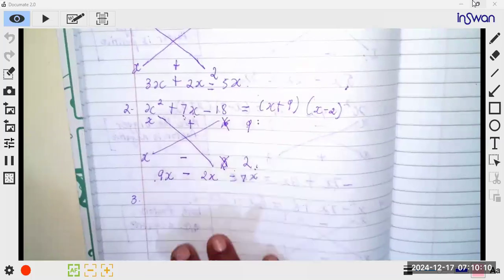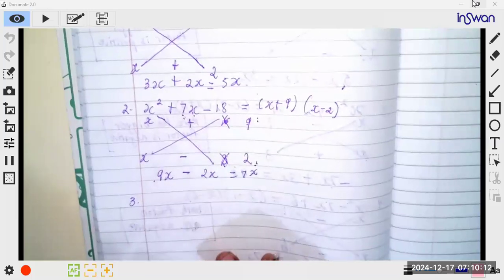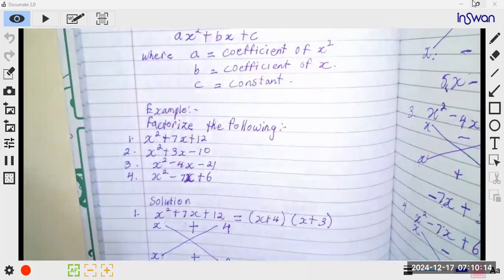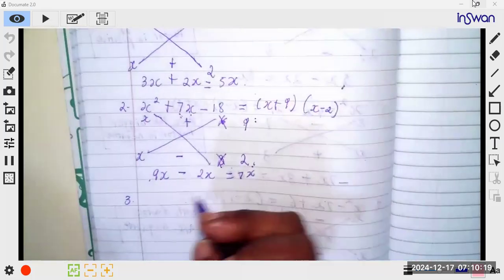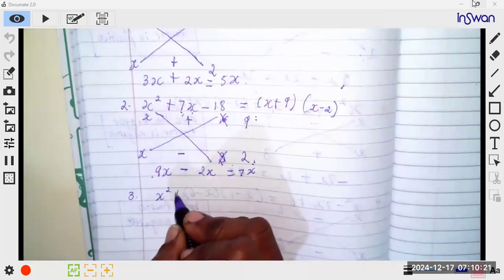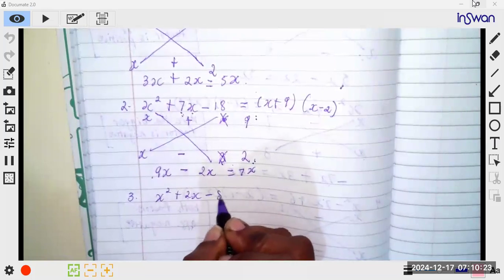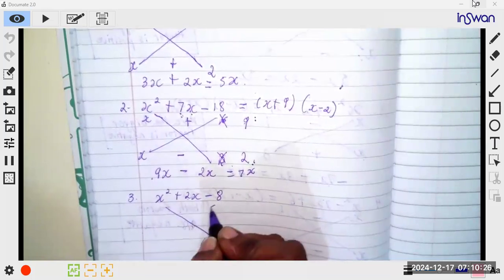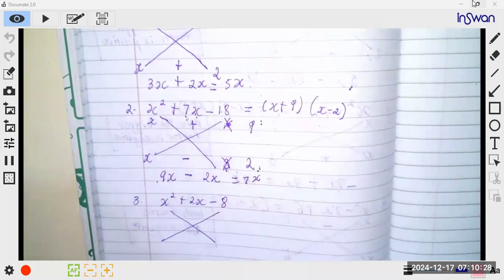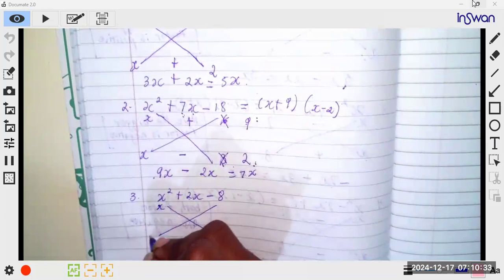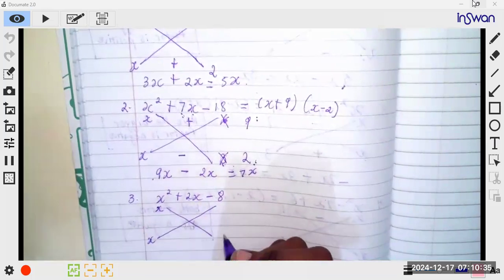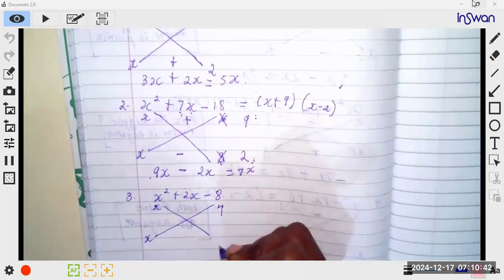Okay. X squared plus 2x minus 8. X by x. What two numbers when you multiply will give us 8? 4 by 2.